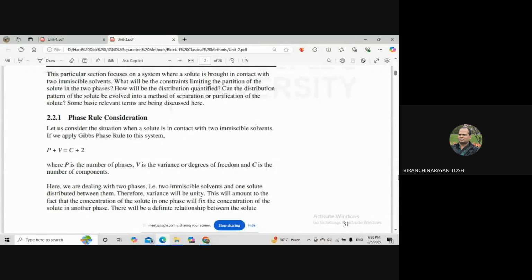For example, you have a system containing ice, water, and water vapor. So the number of components is one. Ice formula is H2O, water vapor is also H2O.